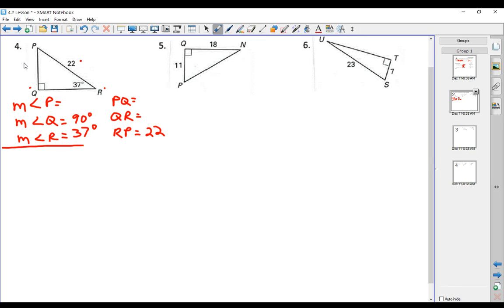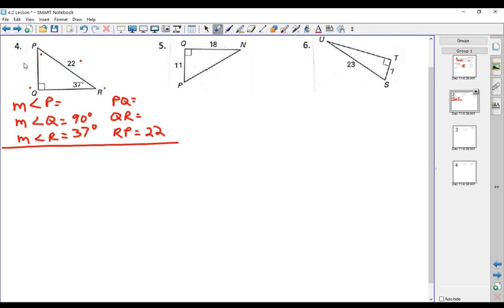So here's what I'm going to do. I'm going to start off by finding angle P. Angle P can be found by remembering that the 3 angles of a right triangle add up to 180 degrees. If the three angles of a right triangle or any triangle add up to 180 degrees, and we know that one of the angles is a 90-degree angle, that means that the other two angles have to add up to 90 also.